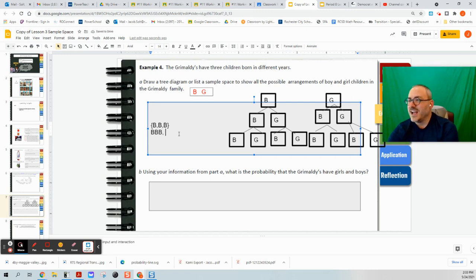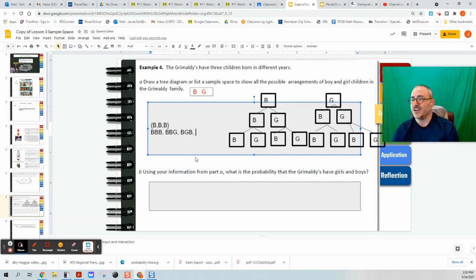That's one possibility: a boy for their first child, a boy for their second child, a boy for their third child. The second possibility is a boy, a boy, and a girl. That'd be BBG. Another possibility is a boy for their first child, a girl for their second child, and a boy for their third child. So that'd be BGB. At this point, I'm going to have you finish the possibilities here.